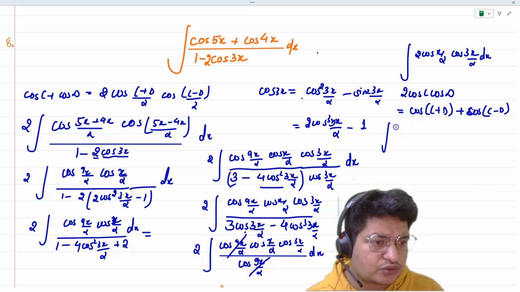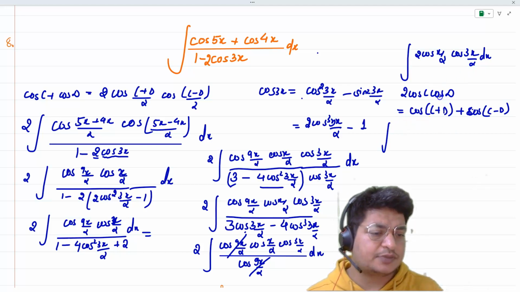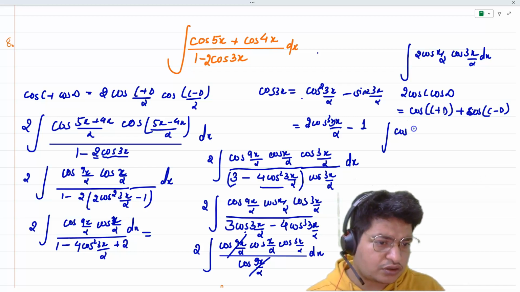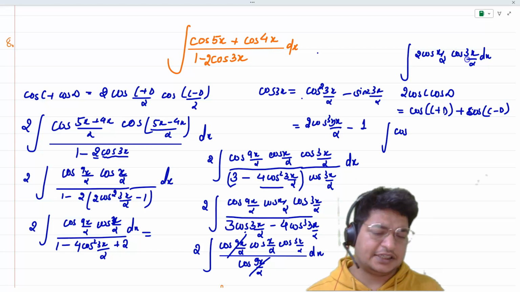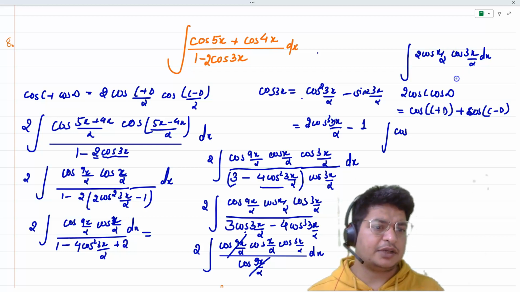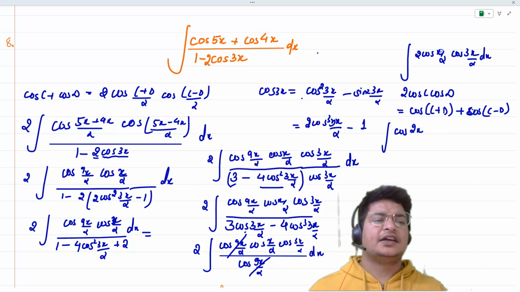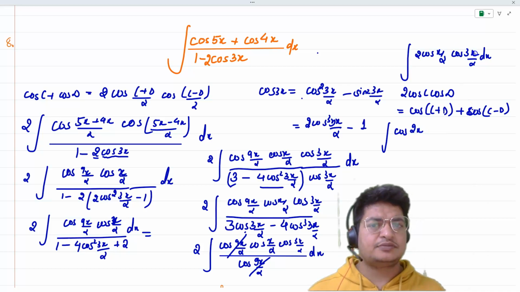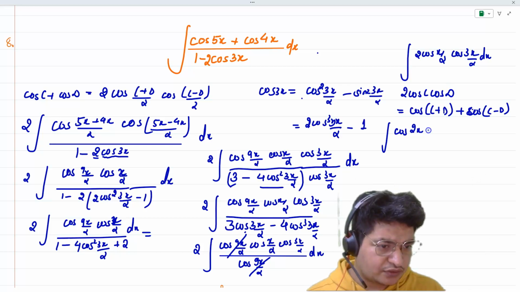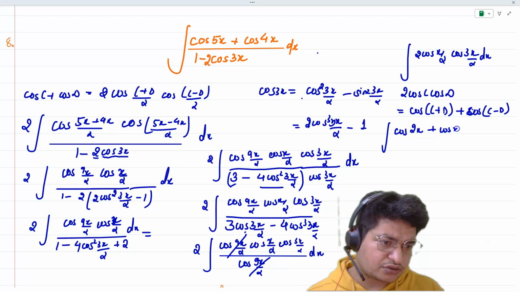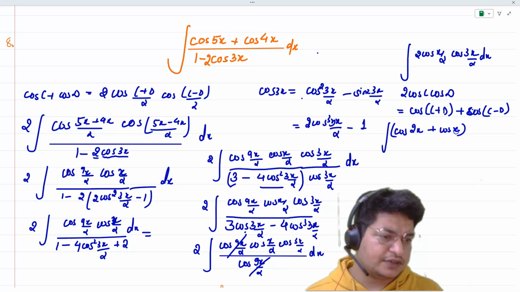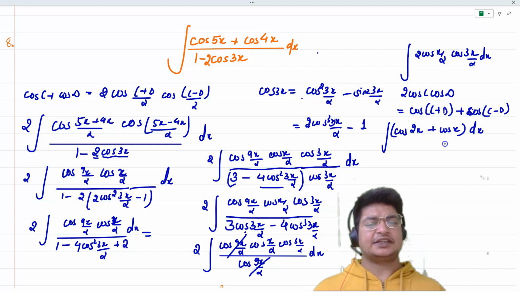We will write 2 cos x by 2 cos 3x by 2, which is equal to cos of (x plus 3x), which is 4x, divided by 2, which is 2x, plus cos of (x minus 3x), which is minus 2x, divided by 2, which is minus x. So here you will write plus cos of x, and you will get this integration with dx.